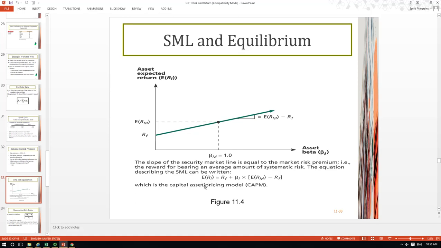ERI, which is expected return for an individual security, equals, first item here, the risk-free rate plus beta of that individual stock times the difference between expected market return and the risk-free rate. And we call this the market premium. When investing in the stock market, it's more risky than investing in a risk-free asset.